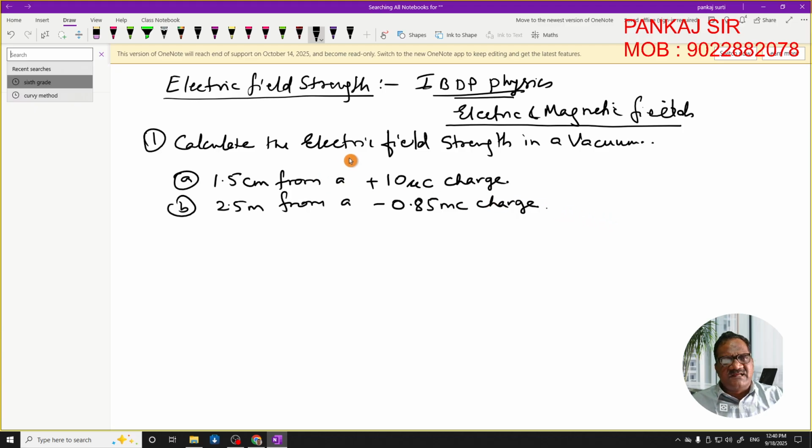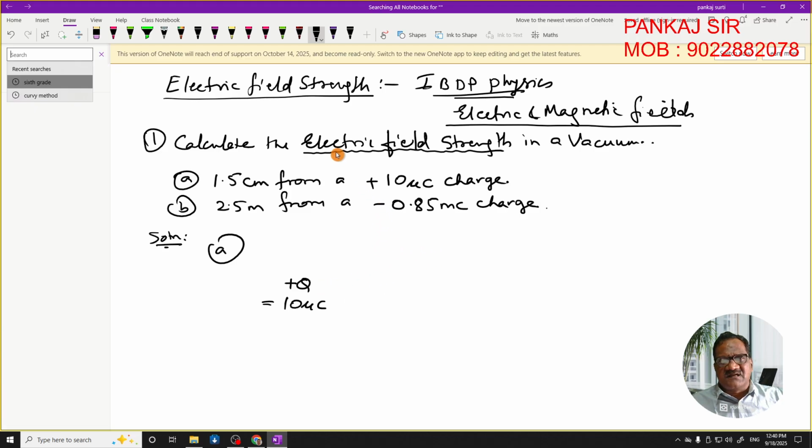So basically you have been asked to find the electric field strength in vacuum. So the medium is vacuum and you have to find the electric field strength. Let us start the solution for A first. According to the question, a charge of plus Q, equal to 10 microcoulomb, is placed somewhere in space, and because of this charge an electric field is created.